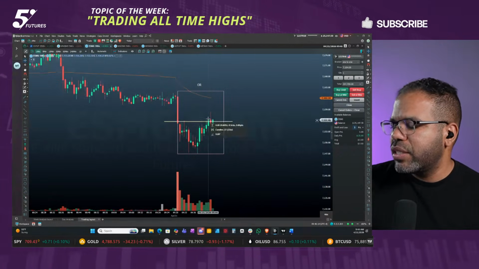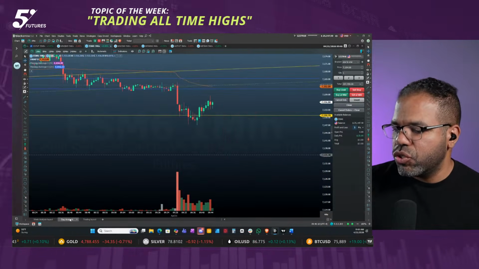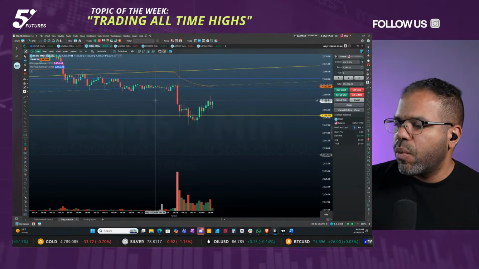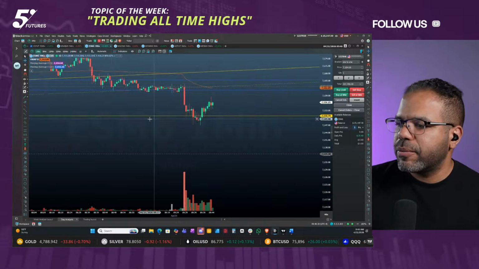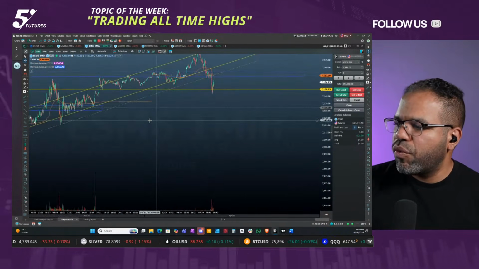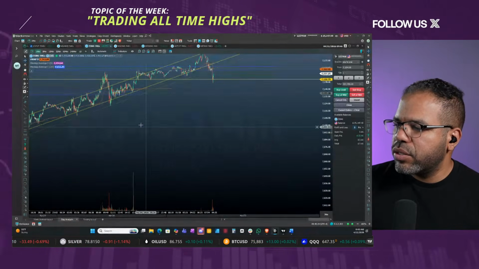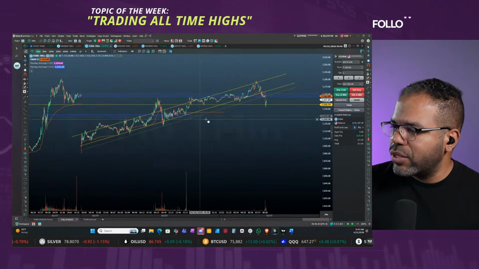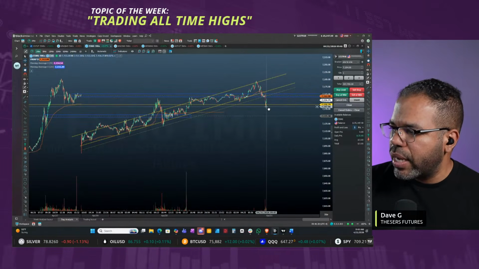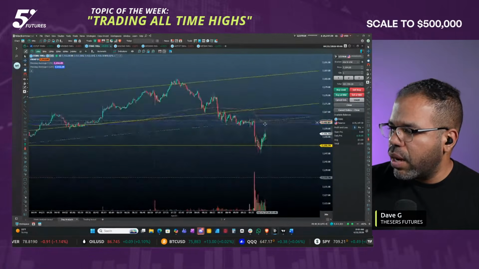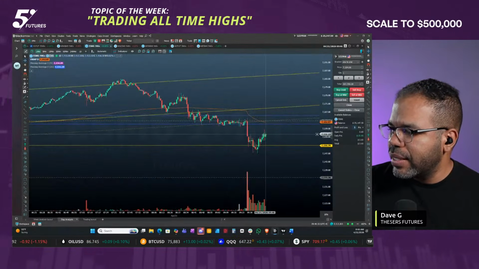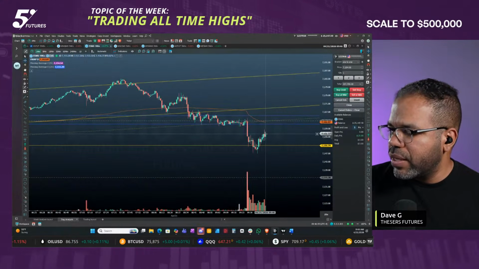It's good that we are in this 50% here. Let's just zoom out and see where we are on the overall trend. Okay, so on the overall trend, guess what? We broke out of the trend, and now we are retesting the middle of the range here.